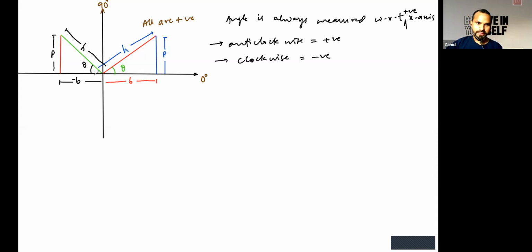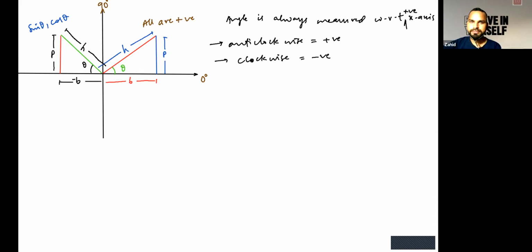Now just see, in these three different terms, perpendicular and hypotenuse are positive, so the ratios containing perpendicular and hypotenuse would be positive, like sine theta and its reciprocal cosec theta would be positive in the second quadrant.